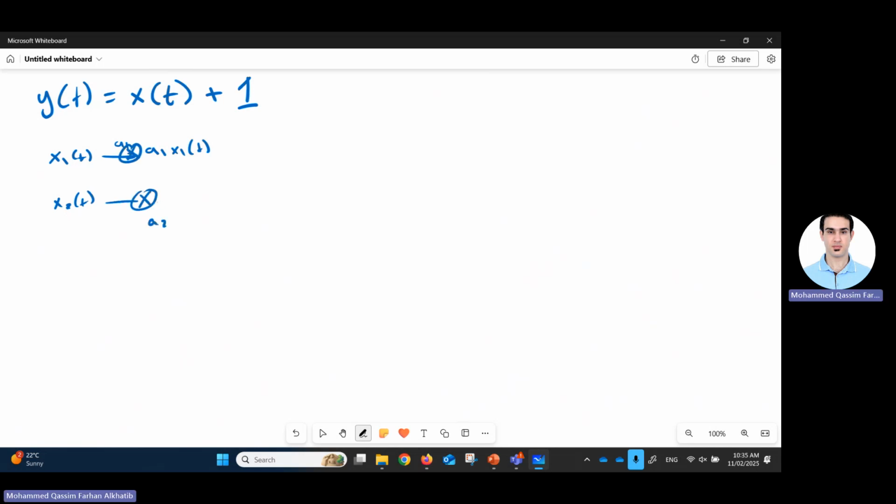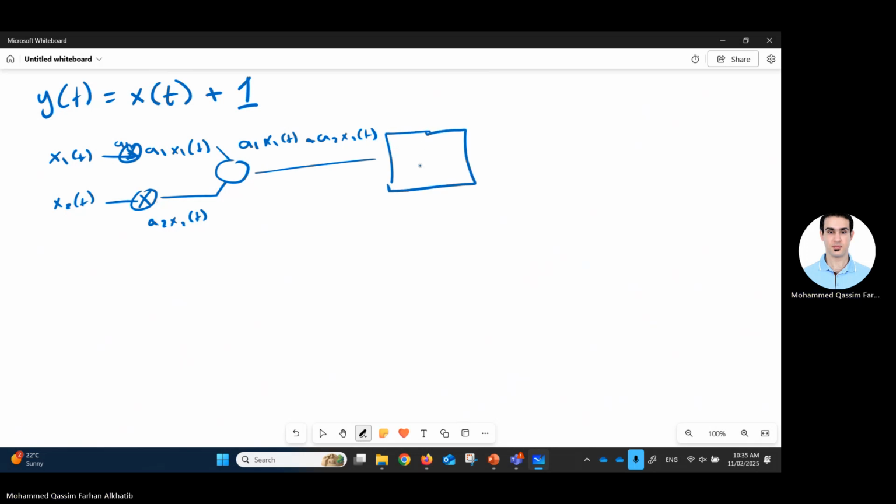I have a2 x2 of t. Then we add, have a1 x1 of t plus a2 x2 of t, apply it to the system H. This is going to be, you just add 1. a1 x1 of t plus a2 x2 of t plus 1.